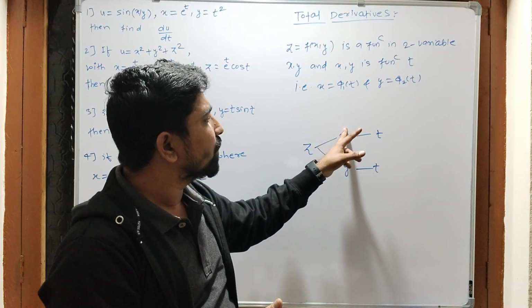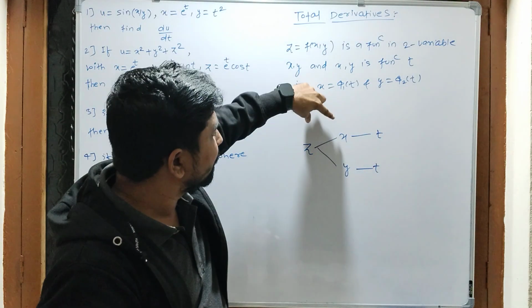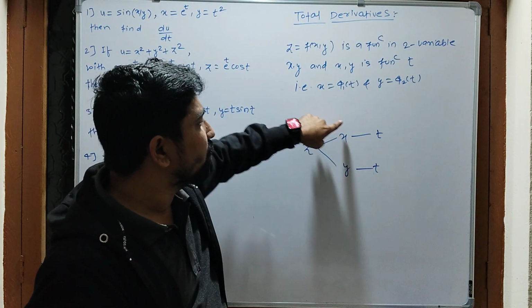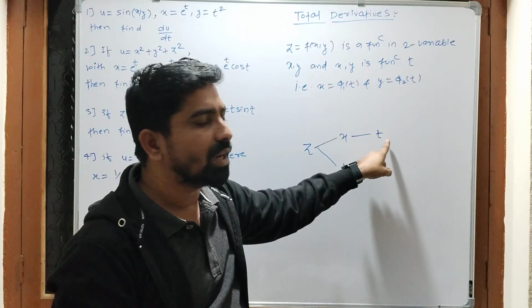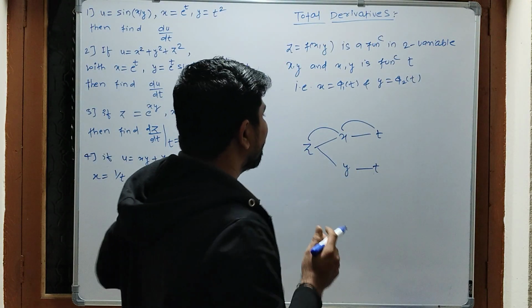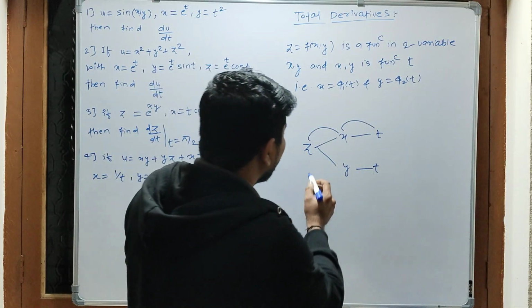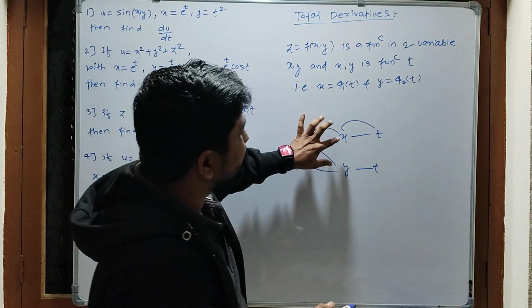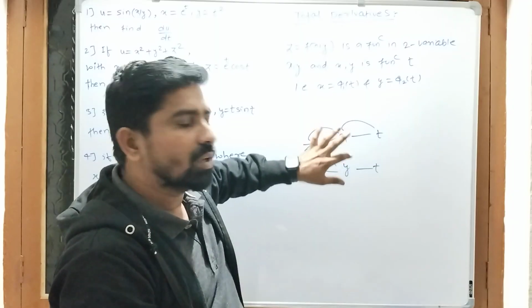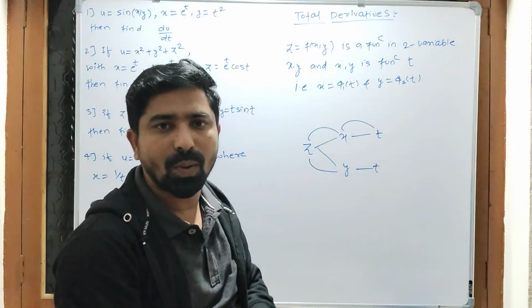With respect to this function, x and y work as independent variables, and z is the dependent variable which depends on these two independent variables x and y.